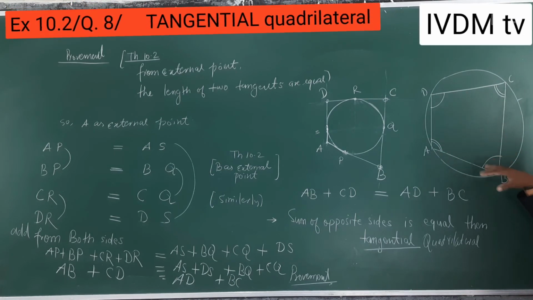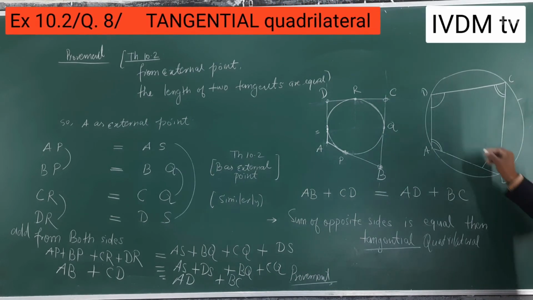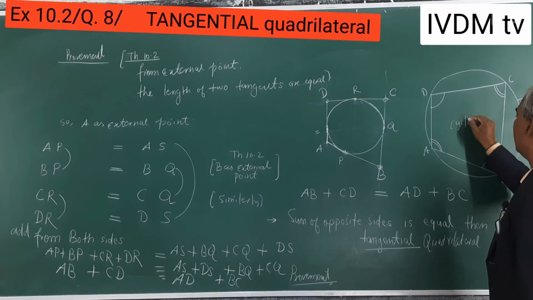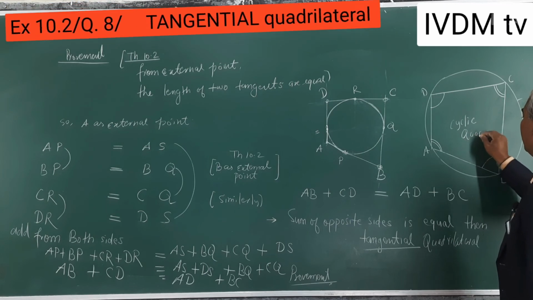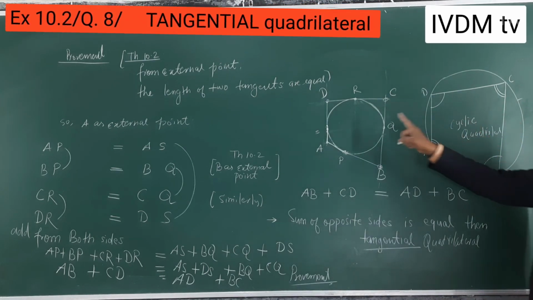So if it is 180 degrees, then it will be a cyclic quadrilateral. This was in class 9th and this is in class 10th.